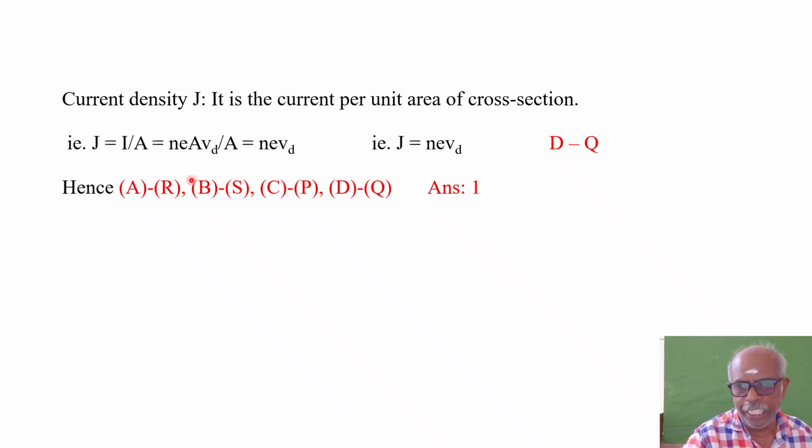So A and A get cancelled, so J is equal to NeVd, which is your Q. So D is matching with Q. So of the 4 options given to you, option 1 is the correct matching of the physical terms and the mathematical relations: A to R, B to S, C to P, and D to Q.